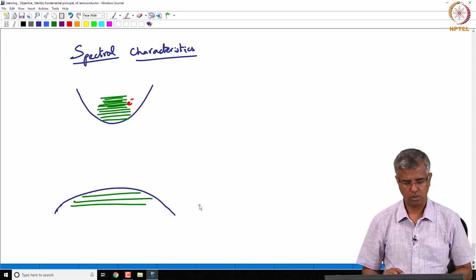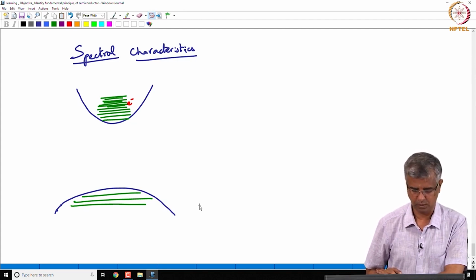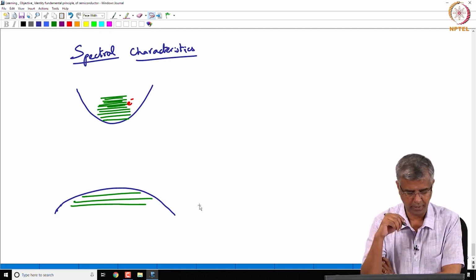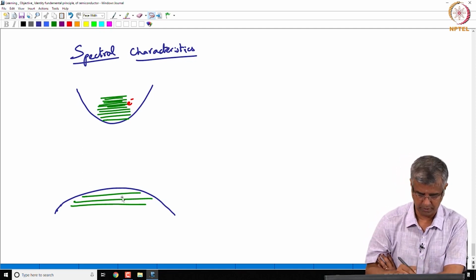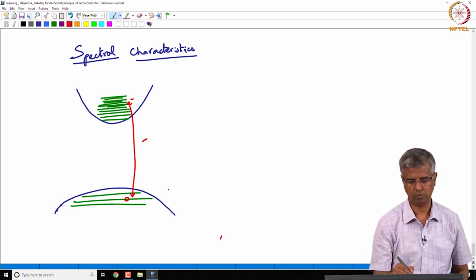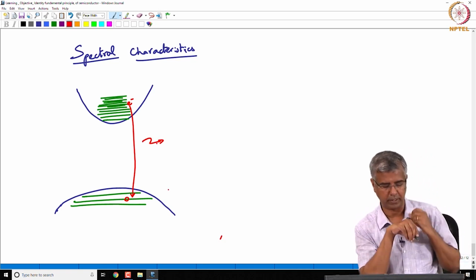So, if I have recombination happening, an electron from the conduction band recombining with a hole in the valence band, right, what sort of spectral characteristics do I expect?